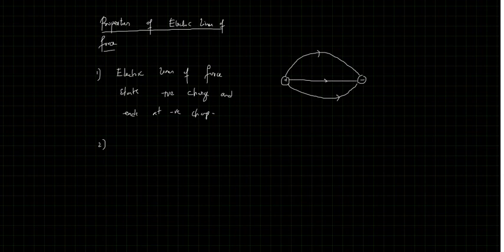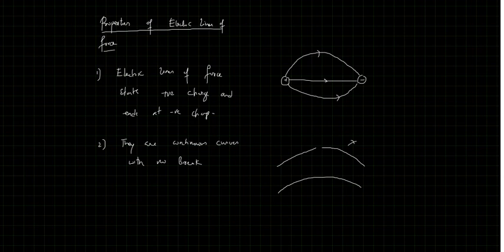Number 2, they are continuous curves with no break. Means the curve will not form any break like this and again continue. No, it is a continuous curve. This is wrong, this is right. It is a continuous curve.